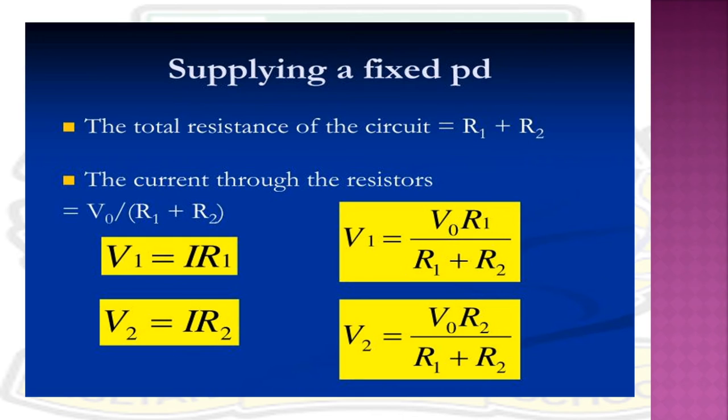As we know, V1 is equal to IR1, which can be written as V1 equals V0 times R1 over R1 plus R2, and V2 is equal to IR2, which can be written as V2 equals V0 times R2 over R1 plus R2.